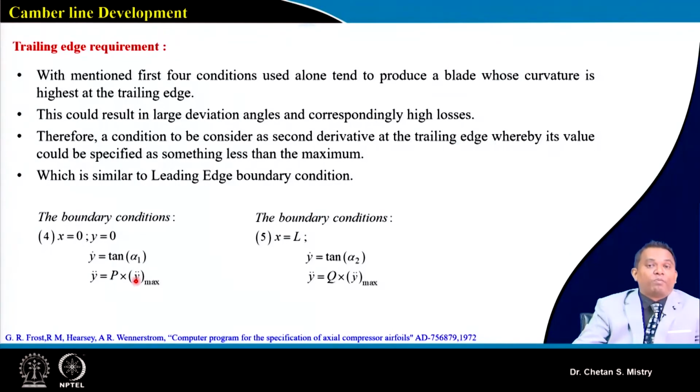At x equal to L, the trailing edge, y dot, the first derivative, is tan alpha 2, and the second derivative is Q times the maximum value of the second derivative. Now, this is more in the sense of mathematics. Let's try to understand it when we discuss the development of different kinds of camber lines, which will give more clarity.